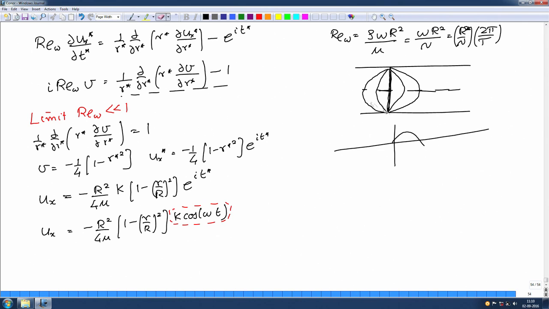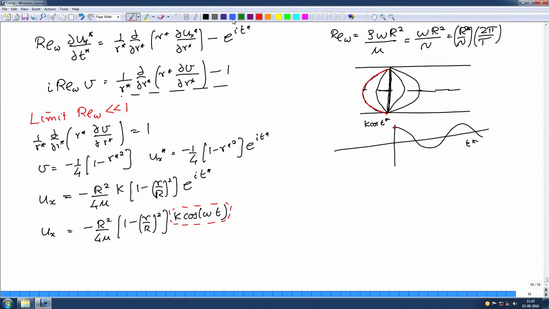This is a cos function, so I should be careful here. K cos t star versus t star. It is an oscillatory function. So, when the pressure gradient is maximum in the positive direction, the velocity has to be negative, because pressure increases with downstream distance.